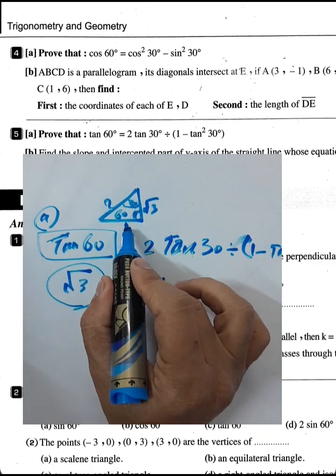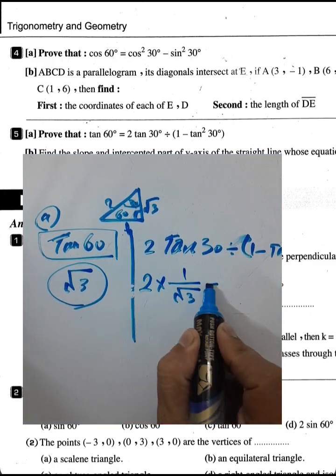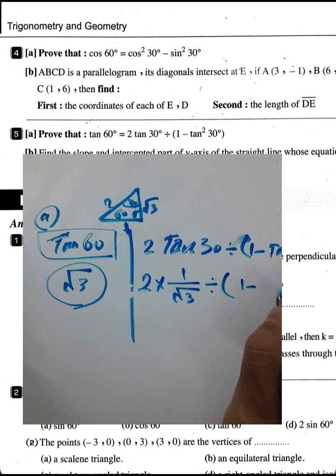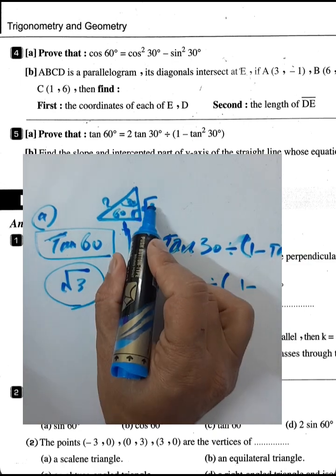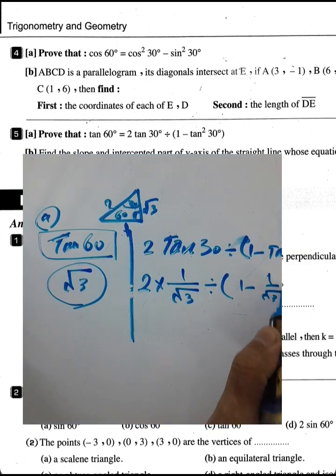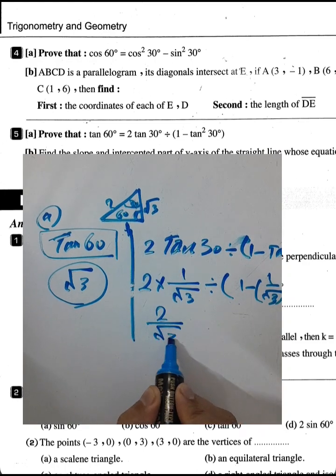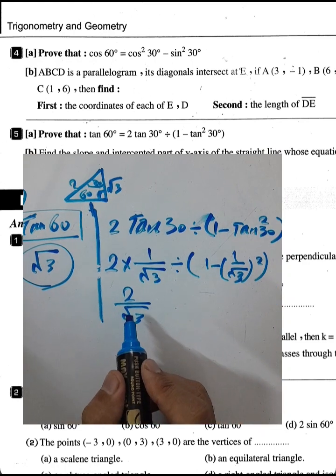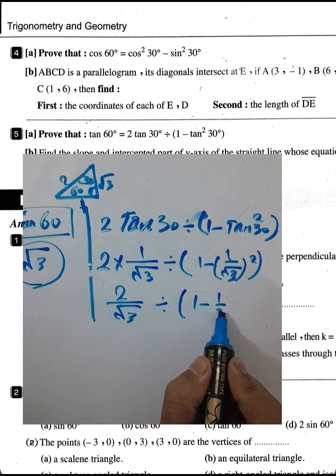adjacent, 1 over root 3, divided by 1 subtract tan 30 power 2, tan 30 will be 1 over root 3 all power 2. Then the result will be 2 over root 3 divided by 1 subtract 1 over 3.